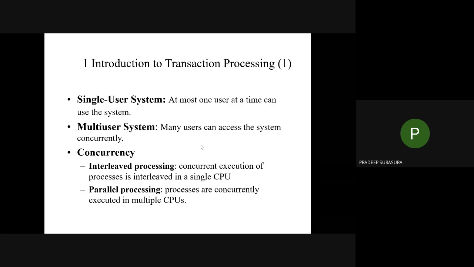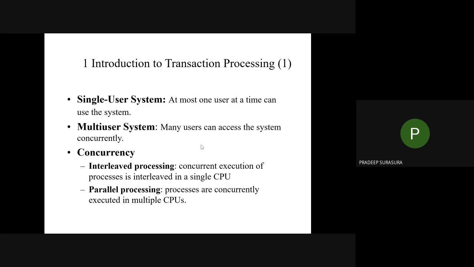Okay. Why concurrent execution, or why concurrency is introduced, is to boost up the performance of the system, since the application processing time has to reduce. In order to do that, concurrency has been introduced. All right.